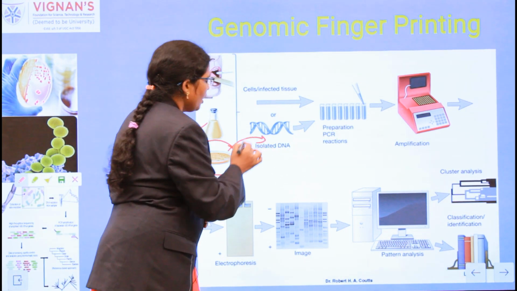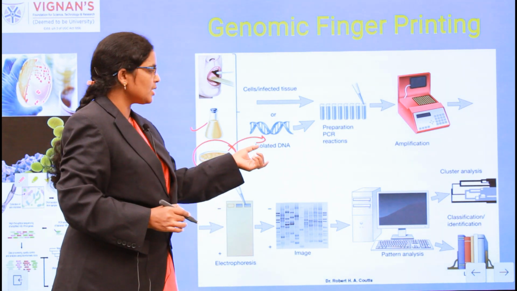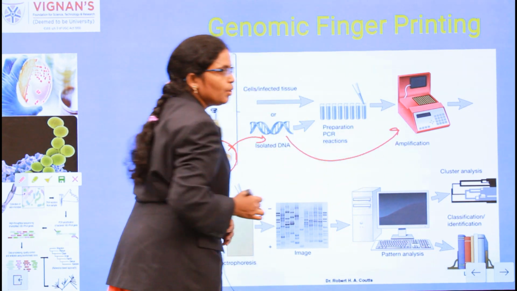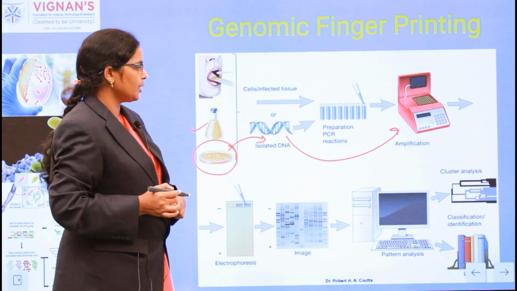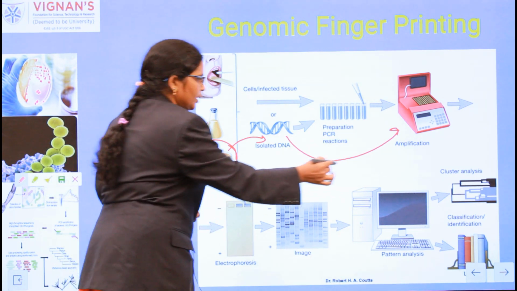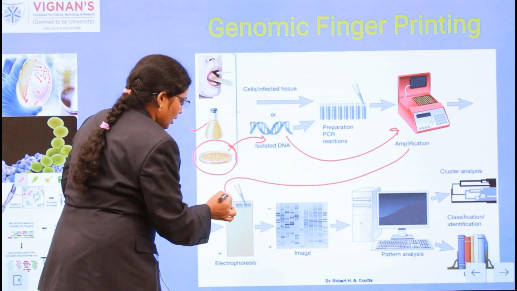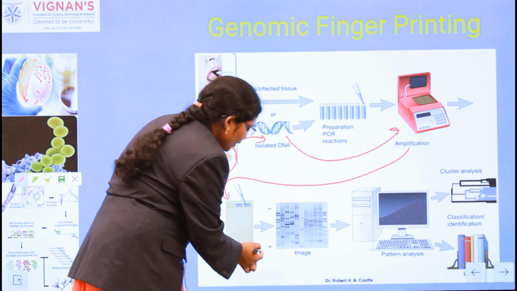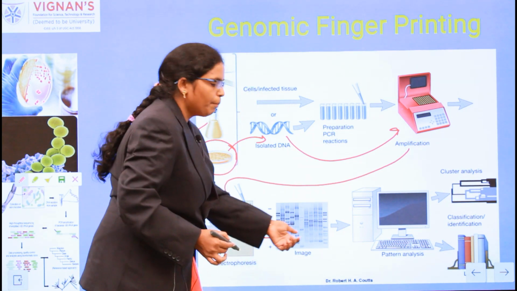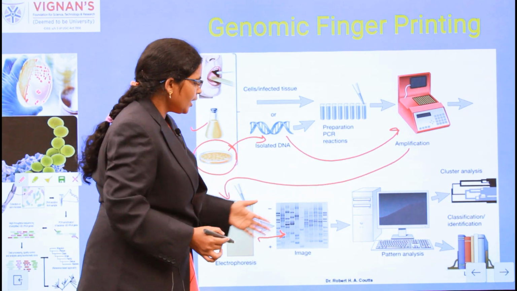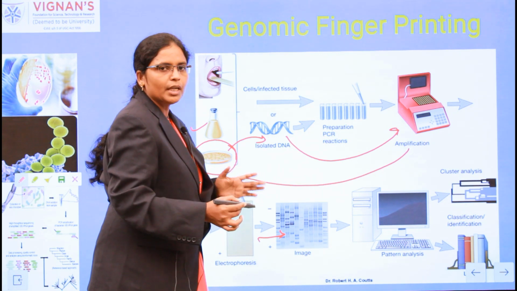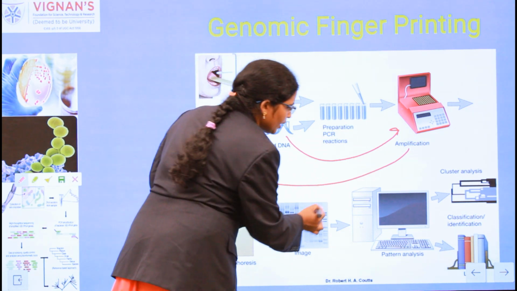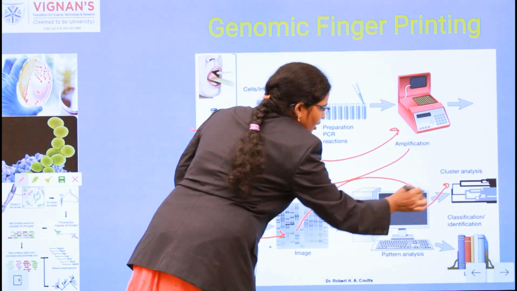Next step is the isolation of the genetic material, that is DNA, and this DNA is amplified using PCR, polymerase chain reaction. After amplification, then the sample is run under electrophoresis. So this electrophoresis gives the different band patterns, image like this. Each and every band represents one particular organism genetic material. So this pattern is analyzed like this.